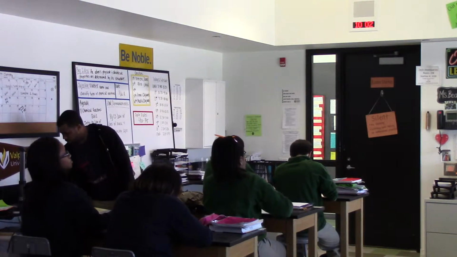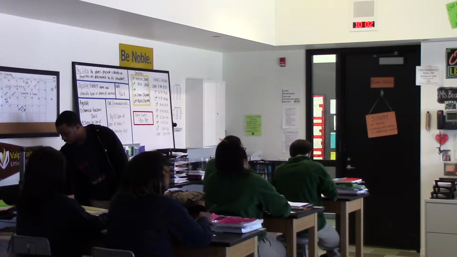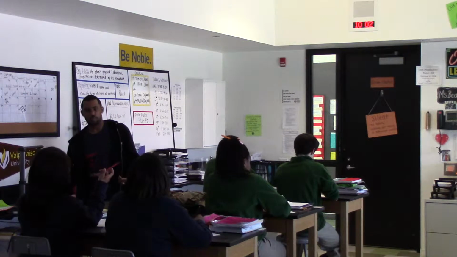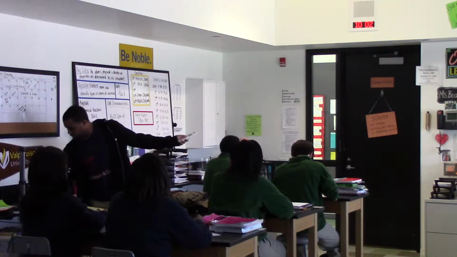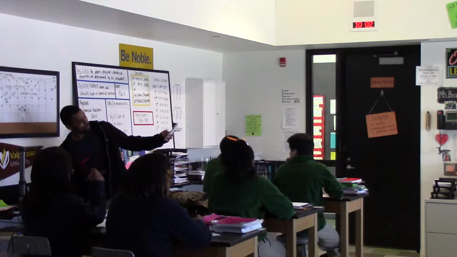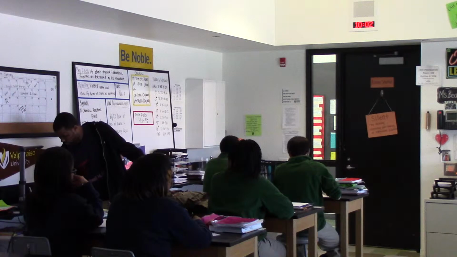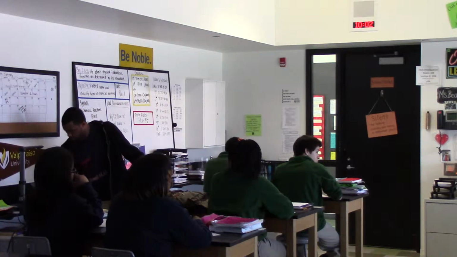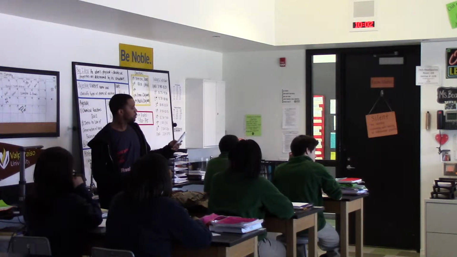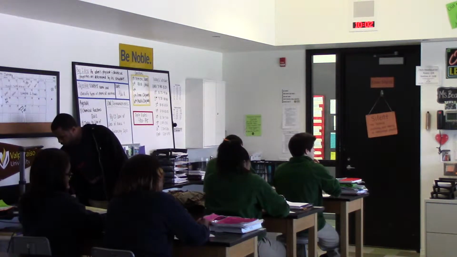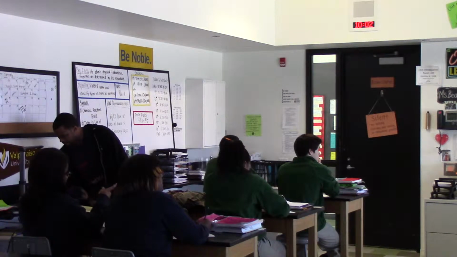I'm going to write old V for old volume. That's just going to be this standard equation. New volume. Still will be 1/3, still going to be pi.